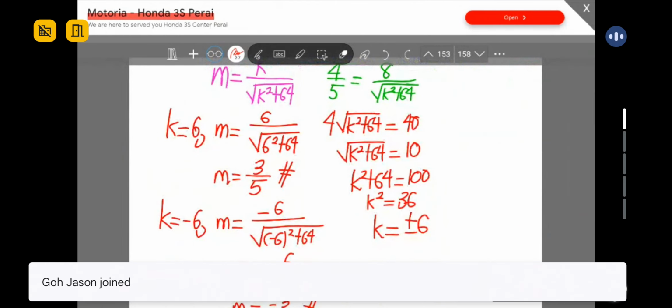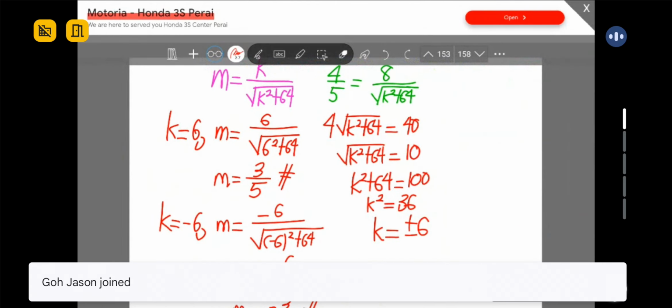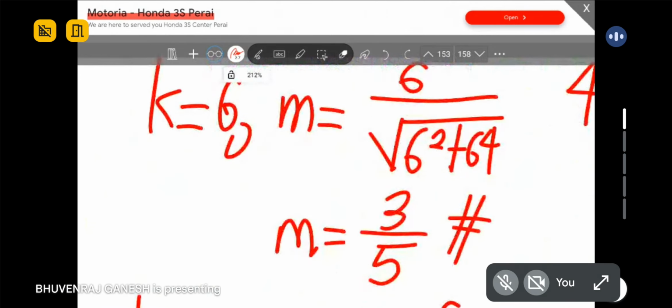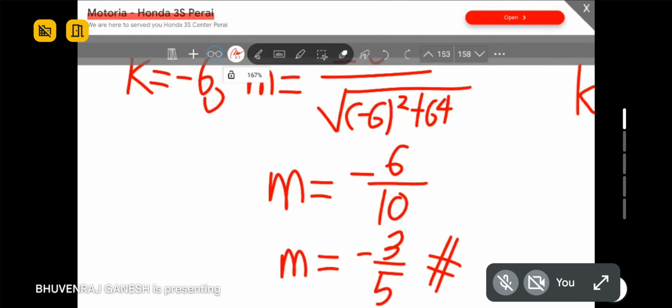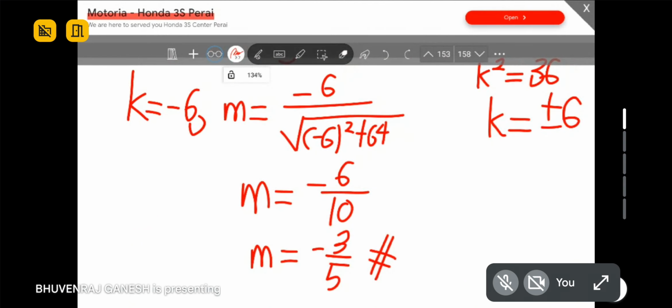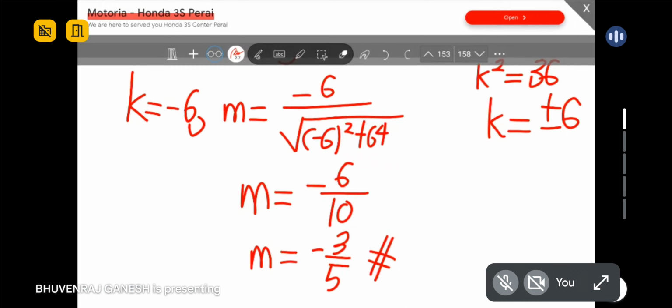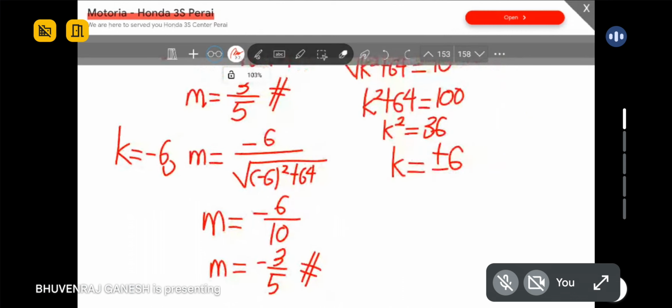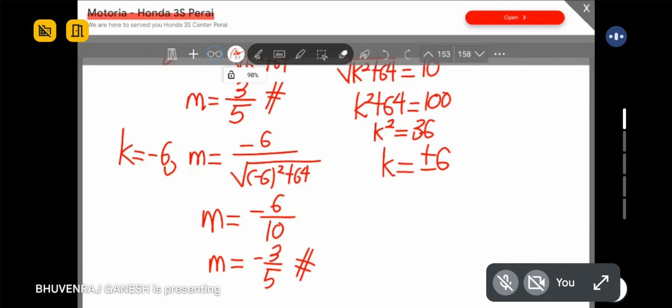So you got two sets of answers, guys. First set, k equal 6, m equal 3 over 5. Second set, k equal negative 6, m equal negative 3 over 5. All of you? All my favorite students over here? Potential A+? Can? No problem?